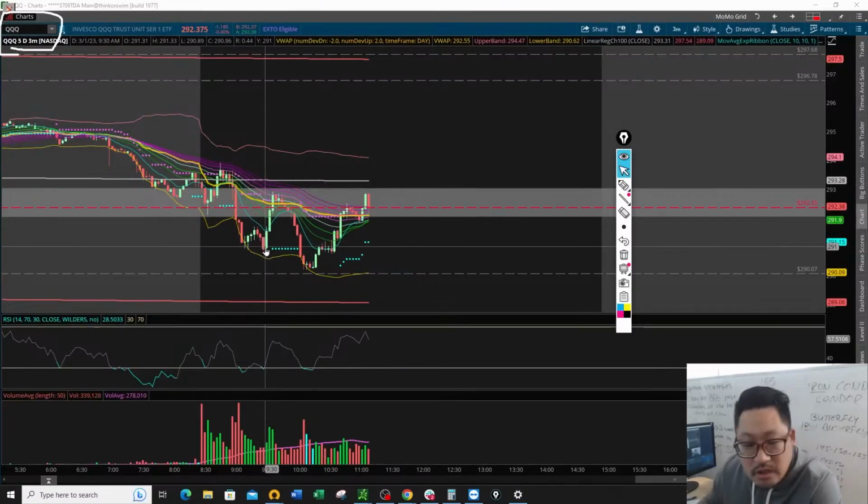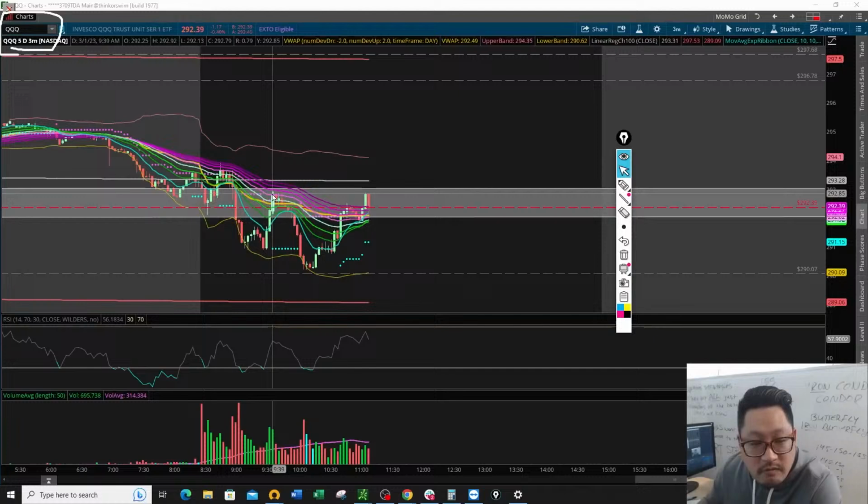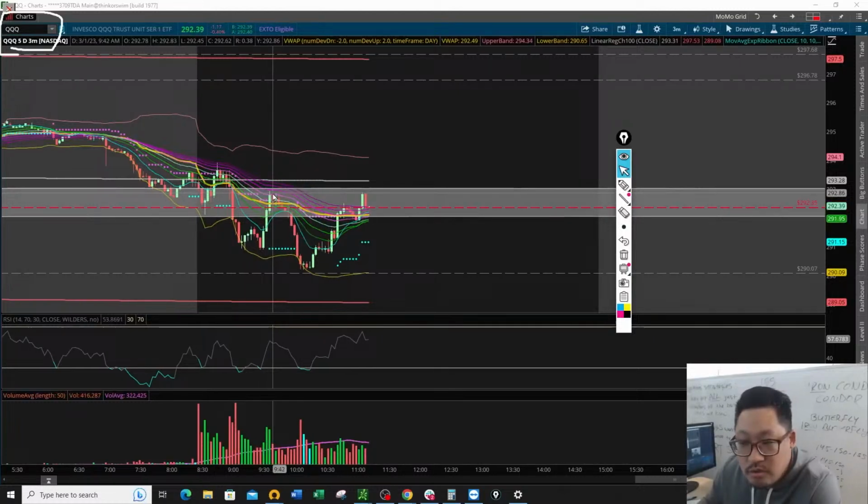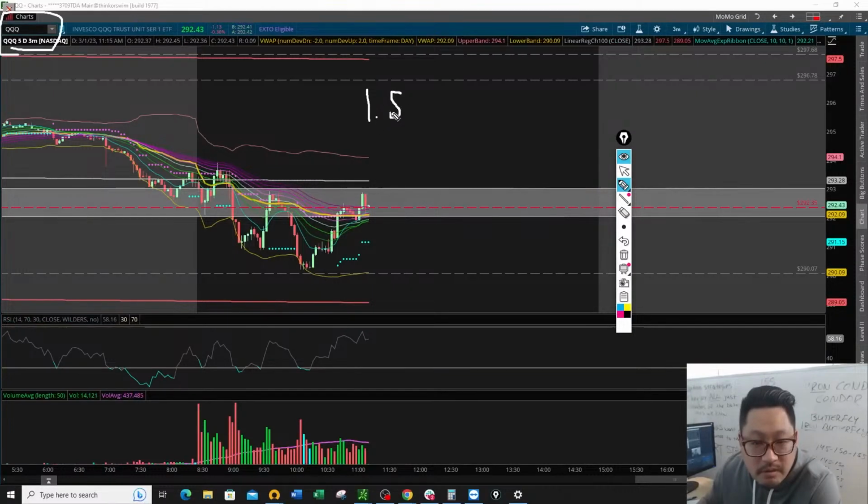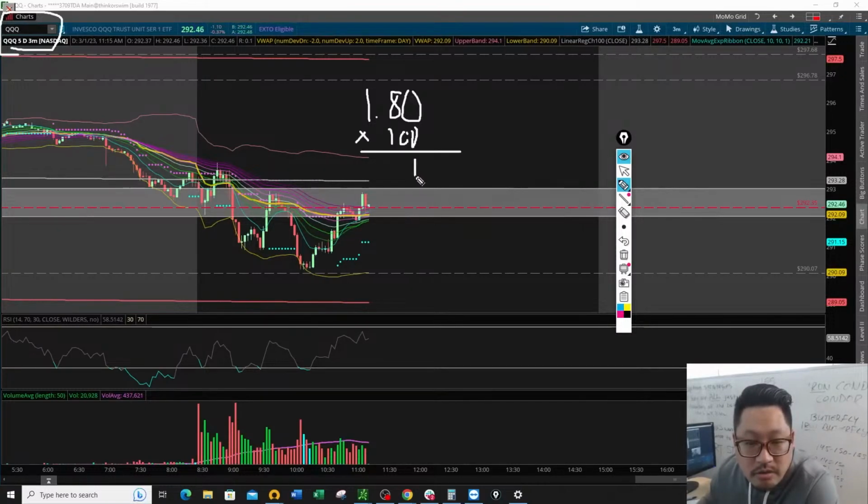What we saw here was the NASDAQ go from 291 to 292.80. So a $1.80 move took place here in about a 10-minute period. If you had on just 100 shares, that equated to $180 to the upside in a matter of 10 minutes.